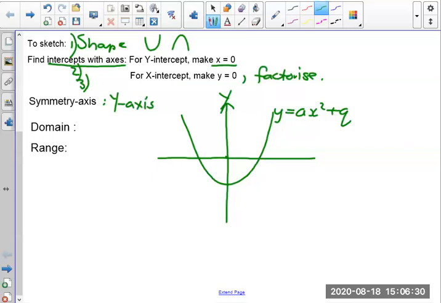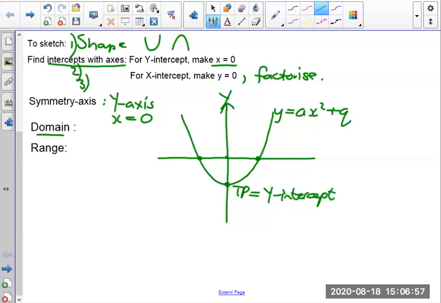And the y-axis has an equation, x equals 0. You know that by now. And your x-intercepts had the same values but different signs. And then can you see there, the turning point was the same as the y-intercept.